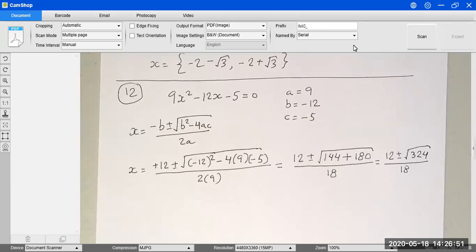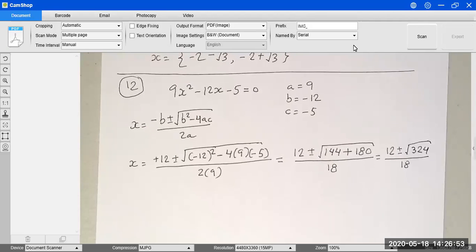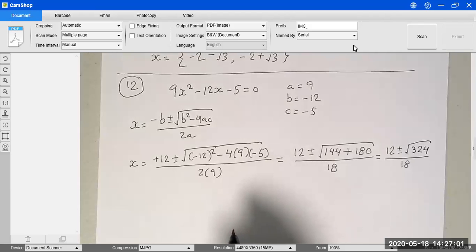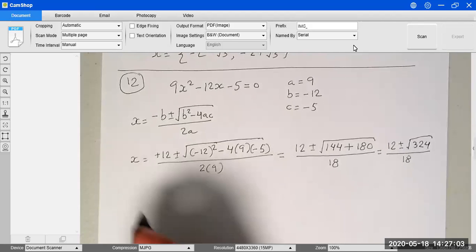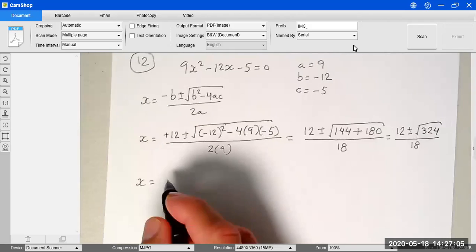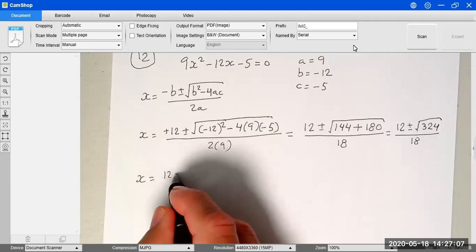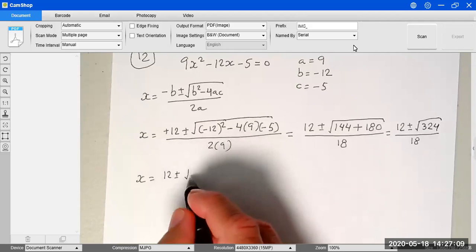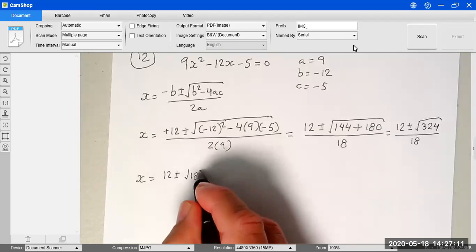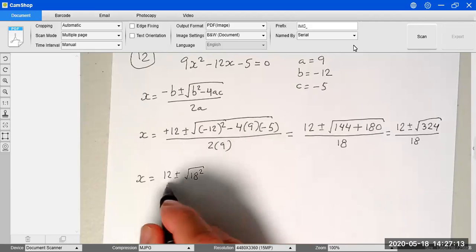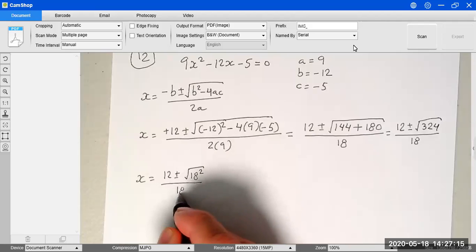So now we need to check whether 324 is a perfect square or not. So let's check that. So yeah, it turns out that this is a perfect square. So we're gonna get 12 plus minus, and 324 is 18 squared, over 18.